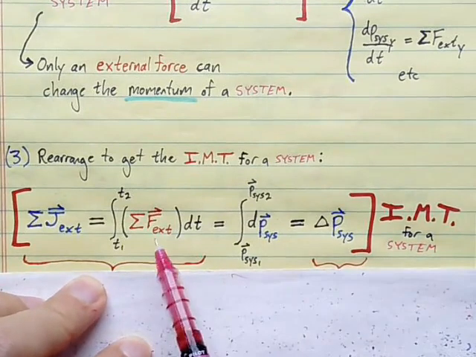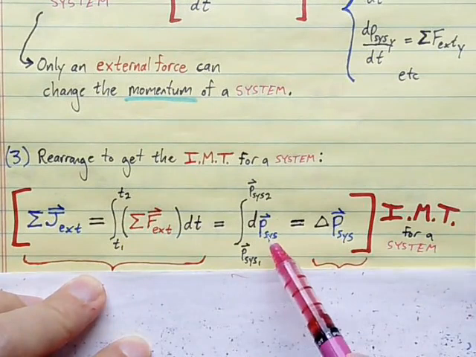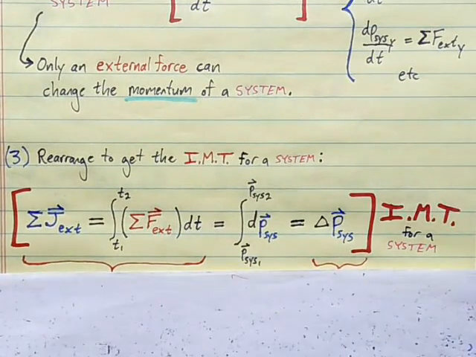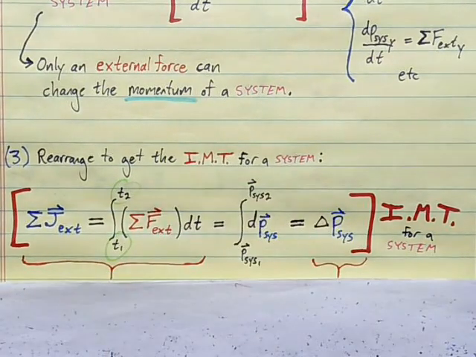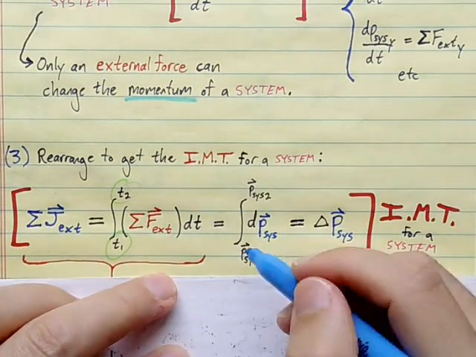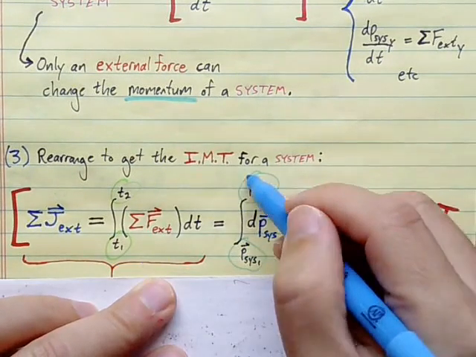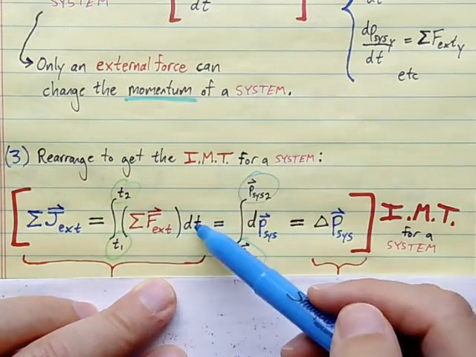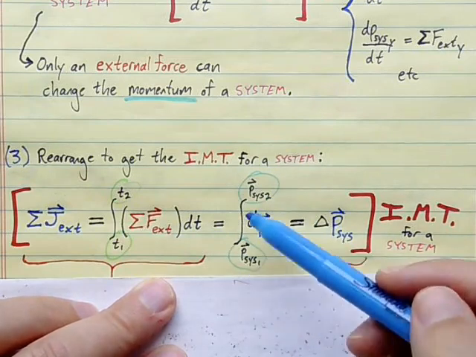And so in going from here to here, replacing this with dp_sys, we've changed our independent variable. It was time, now it's the momentum of the system, which means we need to change our limits of integration from t1 and t2 to the momentum of the system at time 1 and the momentum of the system at time 2. So again, our limits have to match the independent variable. And a change of independent variable requires a change in limits as well.